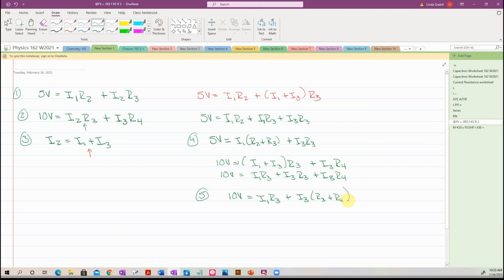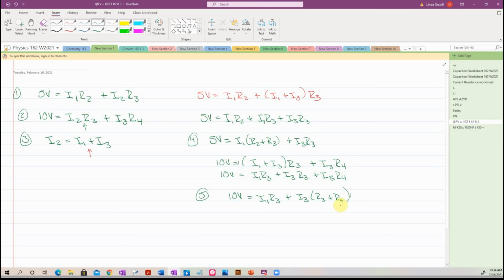Now I can, let's see, what do I have? I have I1 and R3 and I1 and R2 plus R3, or I have I3, R3, and I3 in terms of those. So pick one, because what I'm going to do is multiply them both by, like, you can think of it as a common denominator. So I can subtract one equation from the other to get rid of one of my variables.